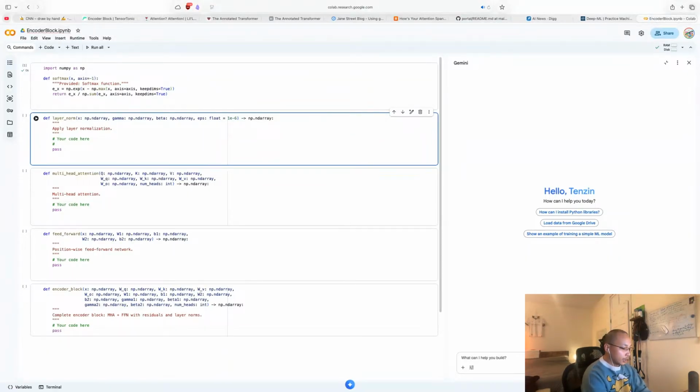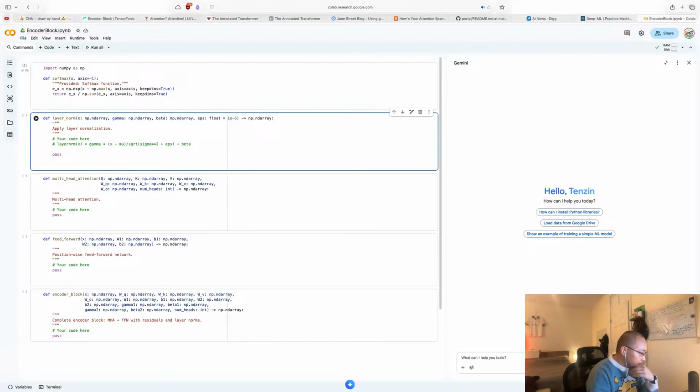Generically speaking, you have the layer norm of x equals gamma multiplied by x minus mu, divided by the square root of sigma square plus epsilon, and then plus beta.